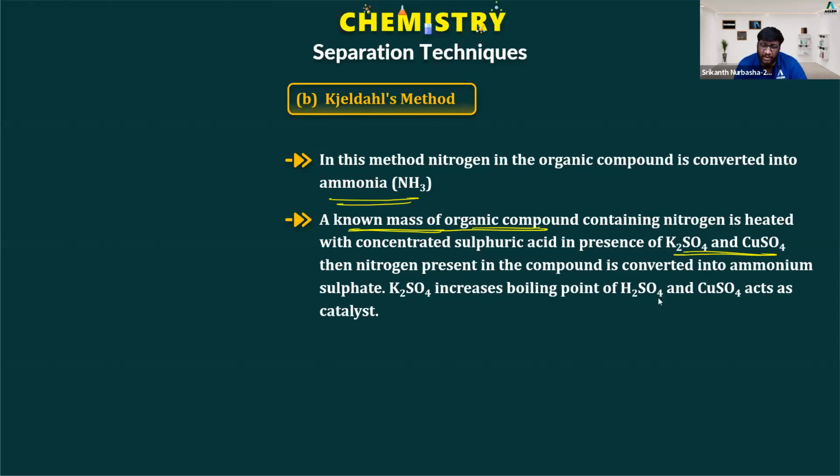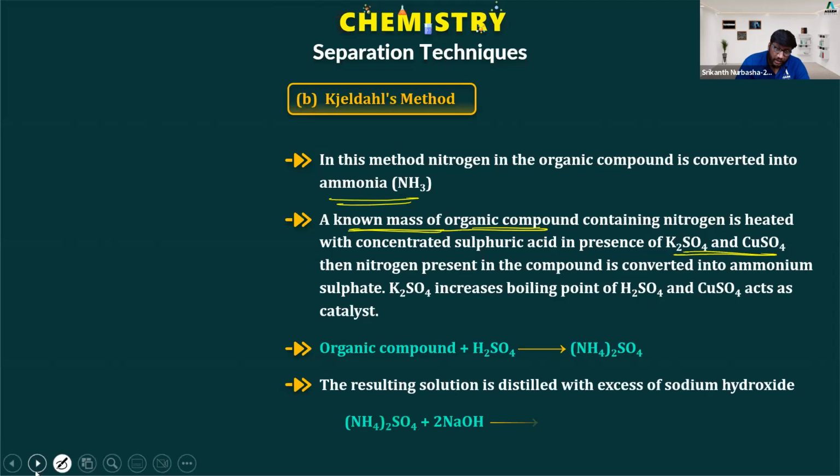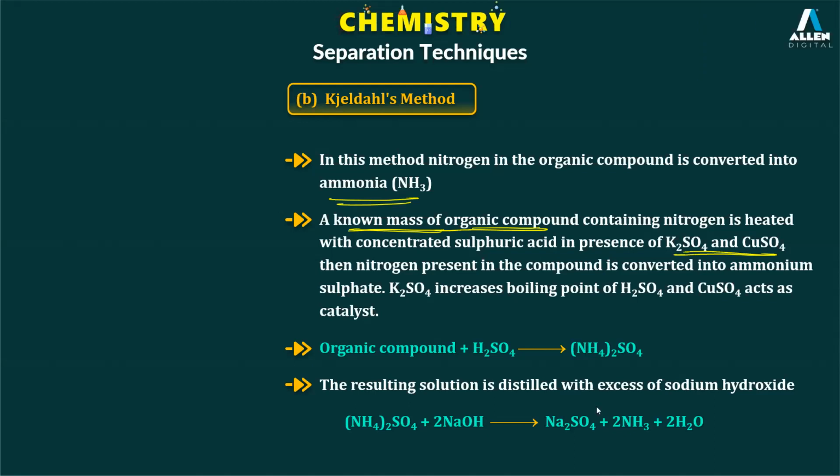So what is actually happening in this reaction? That we want to know. The organic compound is treated with sulfuric acid, and the nitrogen present in the organic compound is converted into ammonium sulfate. The resulting solution is distilled with an excess of NaOH. Whatever acid we have will react with NaOH, and we are left with some amount of acid.